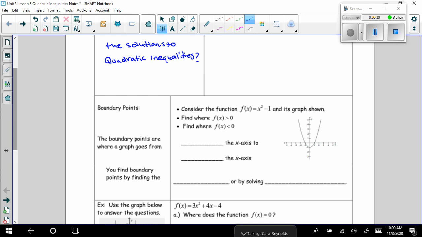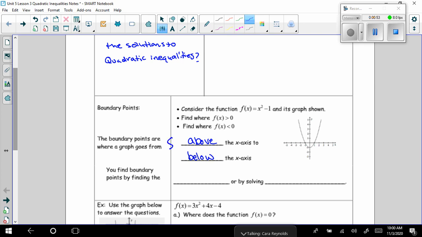Okay, we're looking for boundary points, which is where the function is greater than 0 and then where it is less than 0. So boundary points, again, are where the graph goes from above the x-axis, where it's greater than 0, to below the x-axis, where it's less than 0.